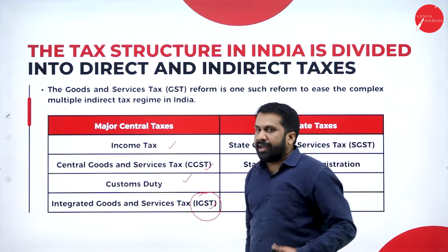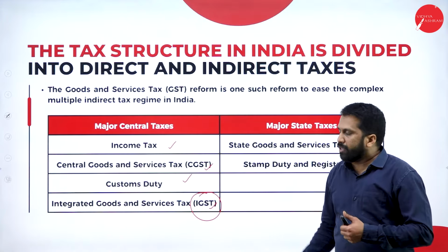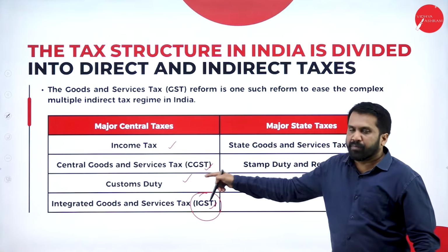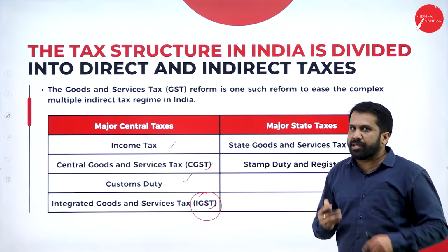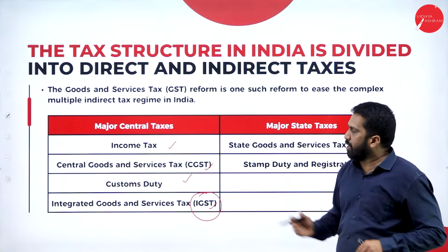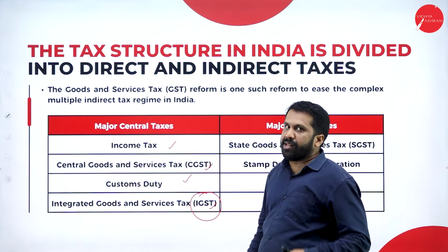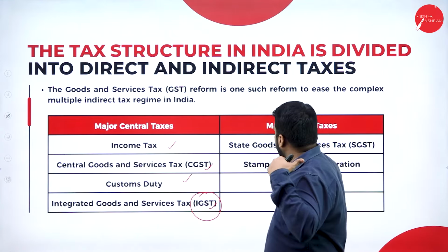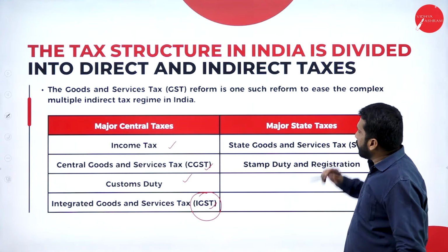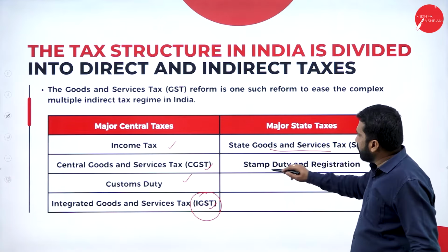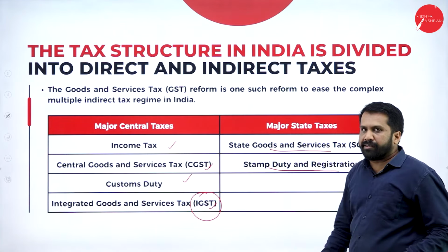This we call IGST. While doing the problems, I'll explain what is CGST, what is SGST, what is IGST, on what we calculate IGST, on what we calculate CGST, on what you calculate SGST. And major state taxes are state goods and service tax and stamp duty registration.